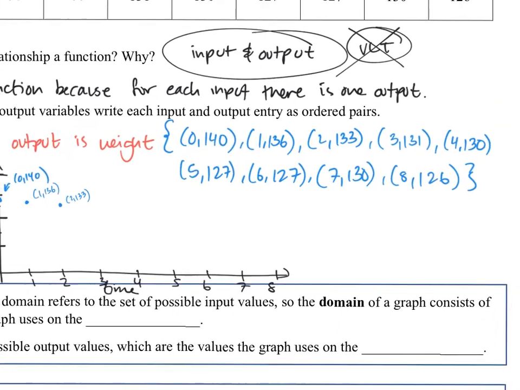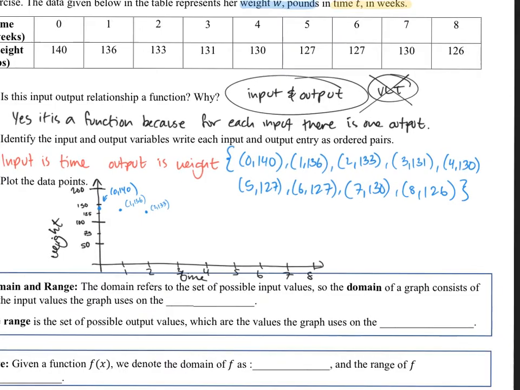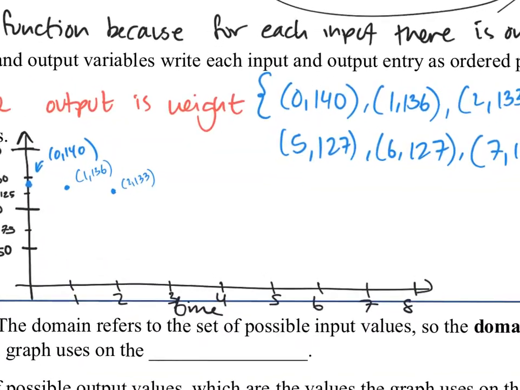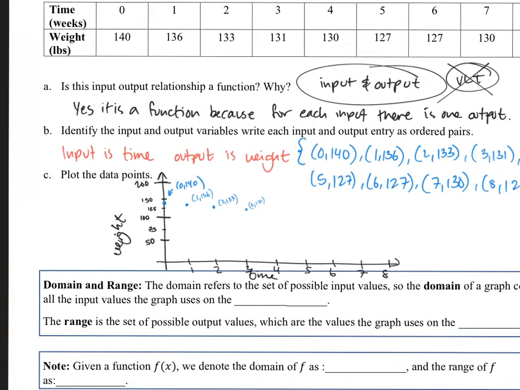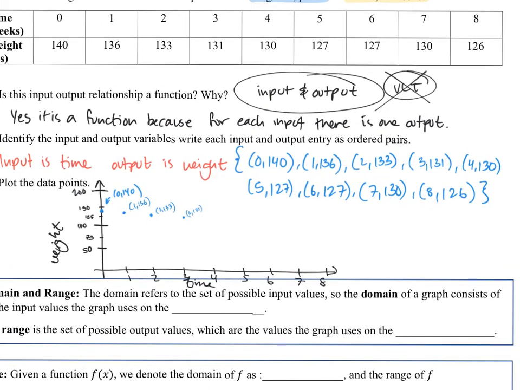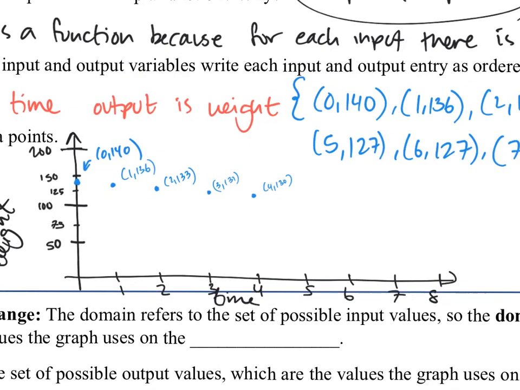It's a sketch. Then we have 3 and 131, so a little lower. Then 4 and 130. Five is 127.